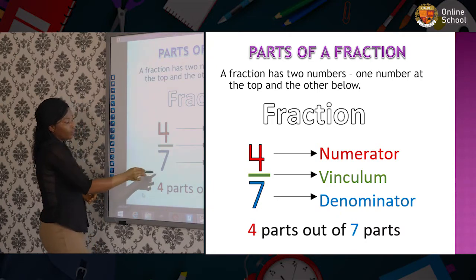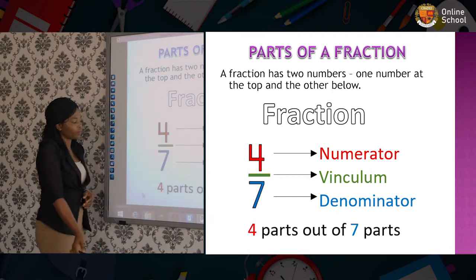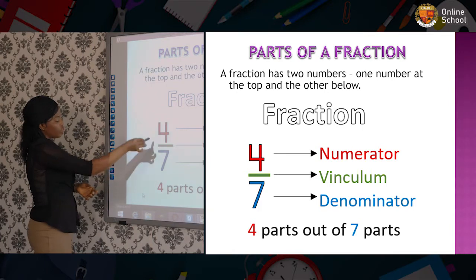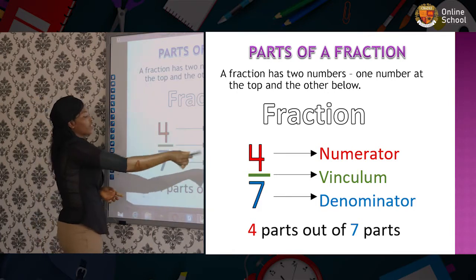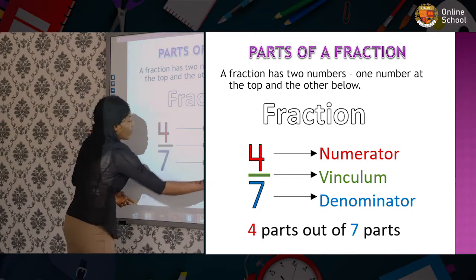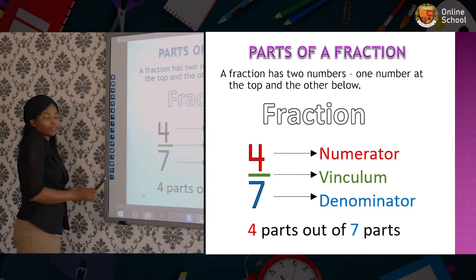The number below the line is called the denominator. Now, this fraction is 4 parts out of 7 equal parts. That is 4/7. All right, let's move on.